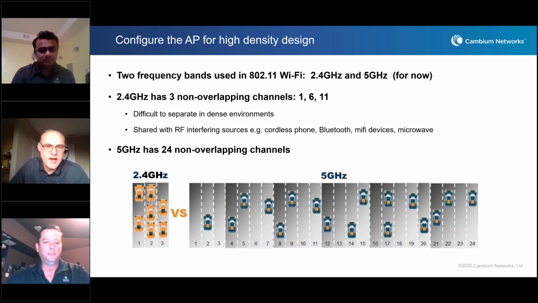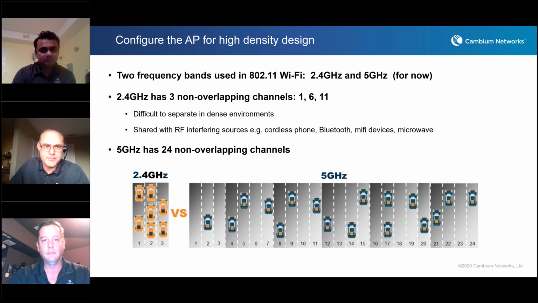It's used a lot, but it's very effective because you're spreading the devices out across more channels. With 2.4 gigahertz, you have 3 channels that don't overlap: 1, 6, and 11. And that's at 20 megahertz, by the way. You're limited to 20 megahertz channels and only 3 of them, and that's just not enough.